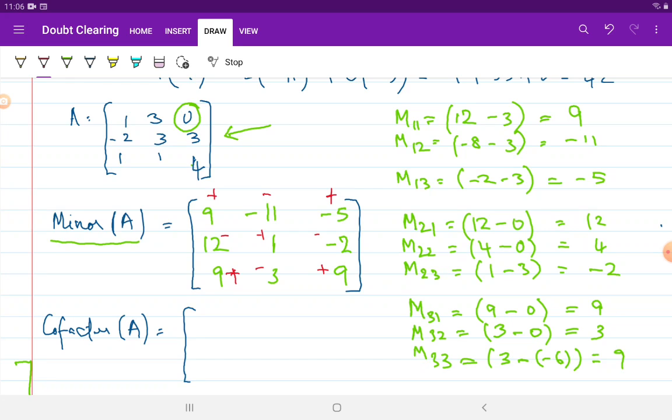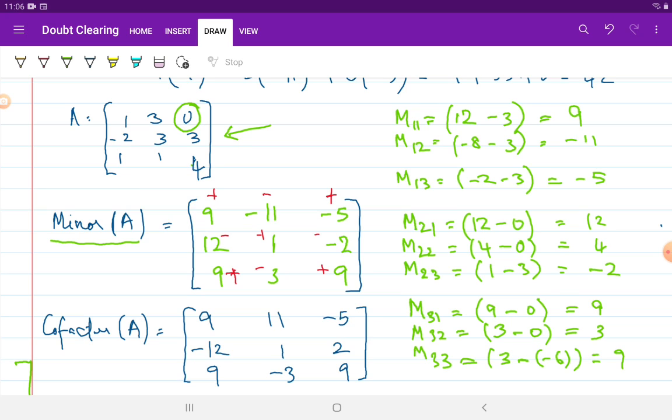So applying these signs to the elements in the minor matrix, I will get plus 9, minus of minus 11 is positive 11, plus minus 5 is minus 5, minus of positive 12 is negative 12, plus 1 is 1, minus of minus 2 becomes positive 2, positive 9, minus of positive 3 becomes minus 3, and plus 9 becomes positive 9.